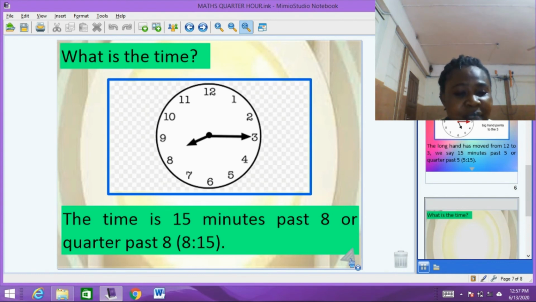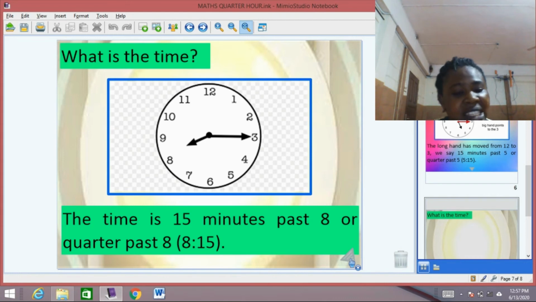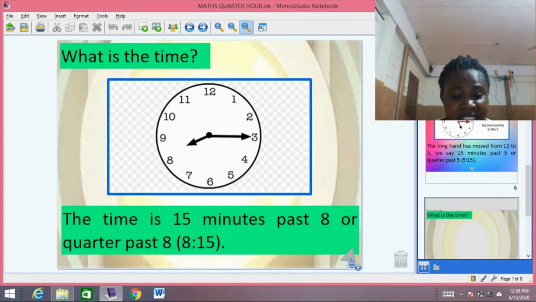What is the time? The time is 15 minutes past 8. Either you say 15 minutes past 8 or you say quarter past 8. You are saying the same thing. If you want to write it digitally, you write 8:15.